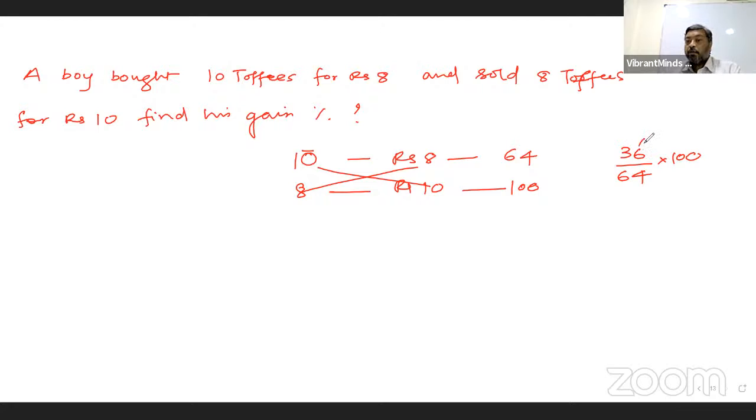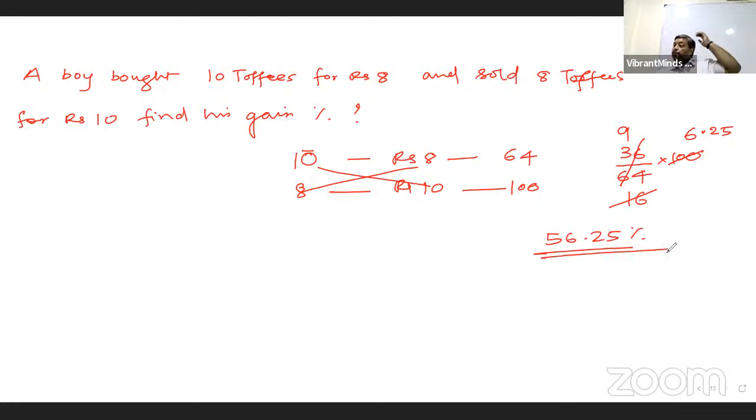Here 9, 16, again 16, 6.25, and it will be how much? 56.25% profit. 9 6 is 54, and 0.25 into 9 is 2.25.